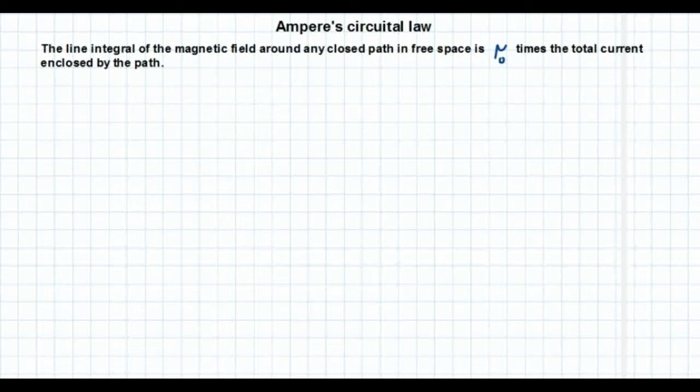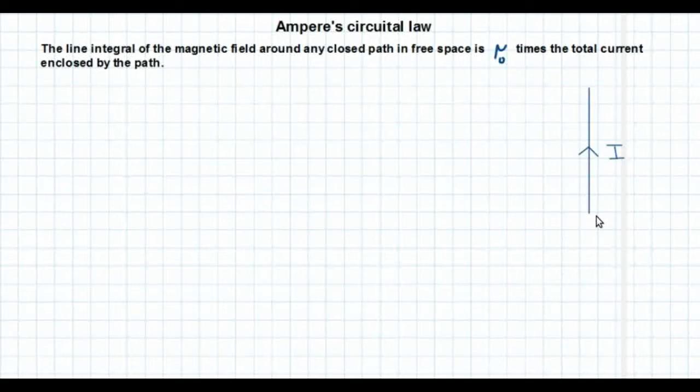The line integral of magnetic field around any closed path. From the previous class we know that if there is a current carrying conductor, then there will be a magnetic field present around this current carrying conductor. So the line integral of that magnetic field will be mu0 times the current enclosed by the closed path.